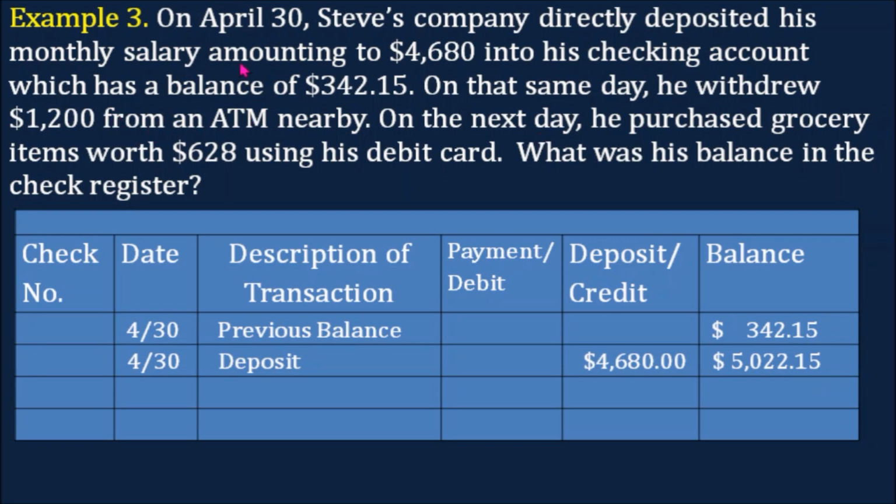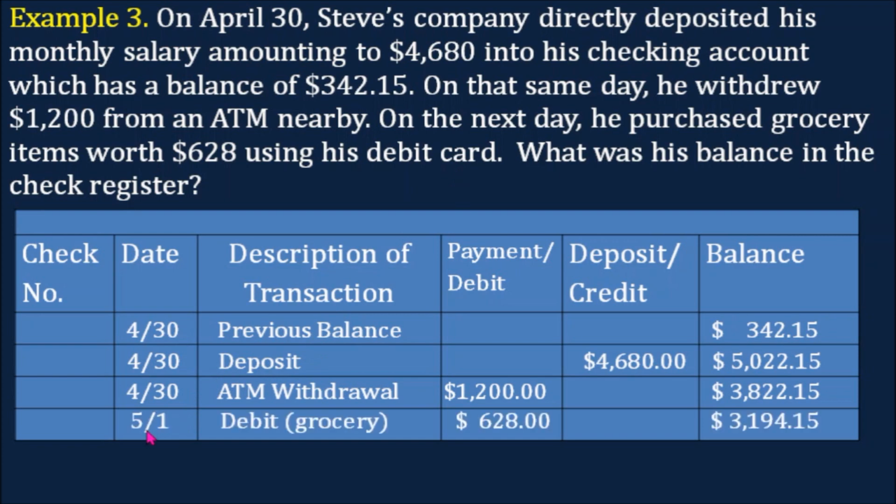Then we have here a withdrawal. So on the same date, April 30, the transaction is ATM withdrawal. The amount is $1,200. So the amount is entered on the payment or debit column. And this amount will be subtracted from the previous balance, $5,022.15. Then we have another transaction here. On the next day, he purchased grocery items worth $628 using his debit card.